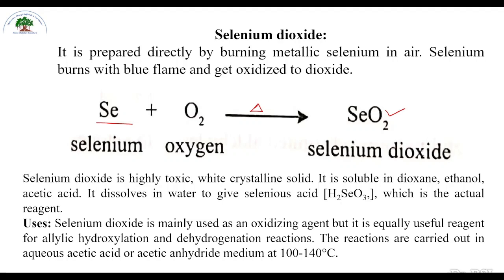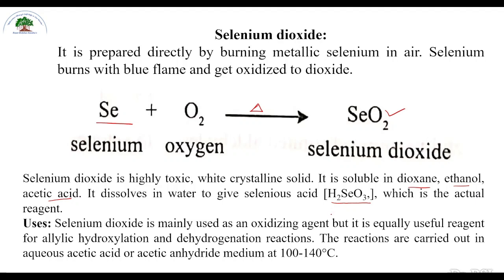It is a highly toxic white crystalline solid. It is soluble in dioxane, ethanol, acetic acid, and it dissolves in water to give selenious acid, H2SeO3. And this is the actual reagent acting as oxidizing agent.